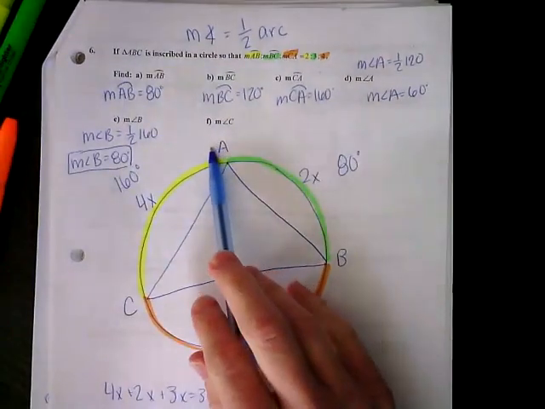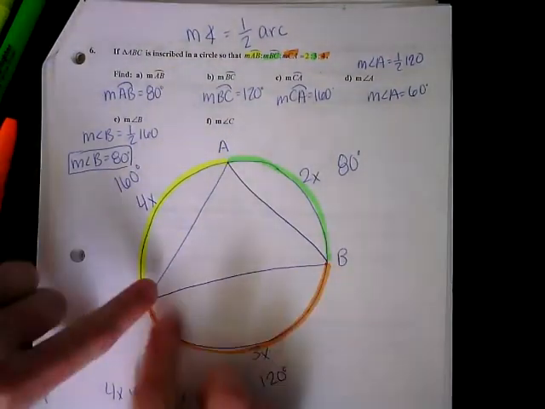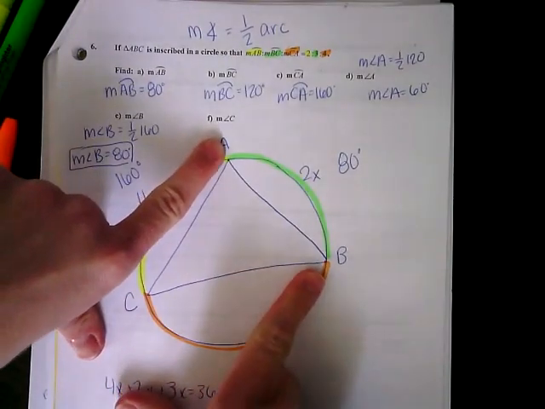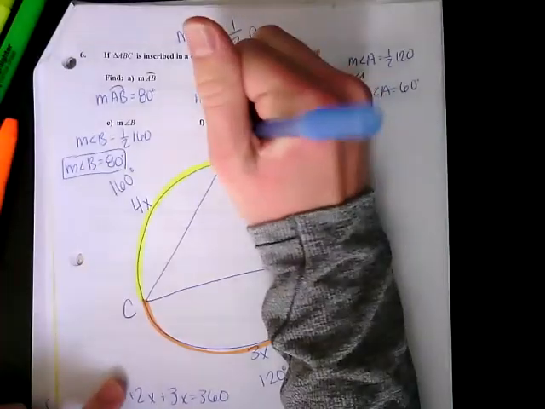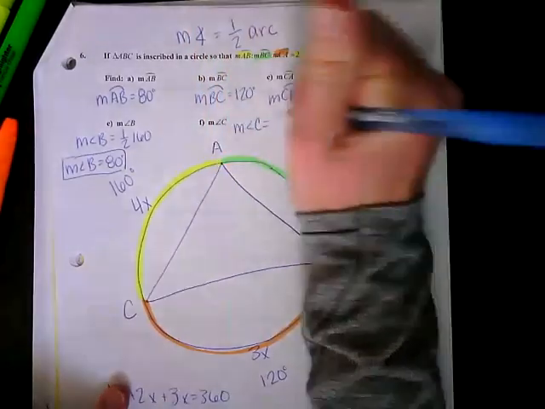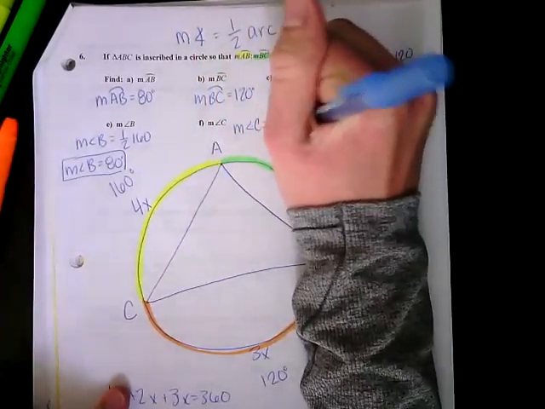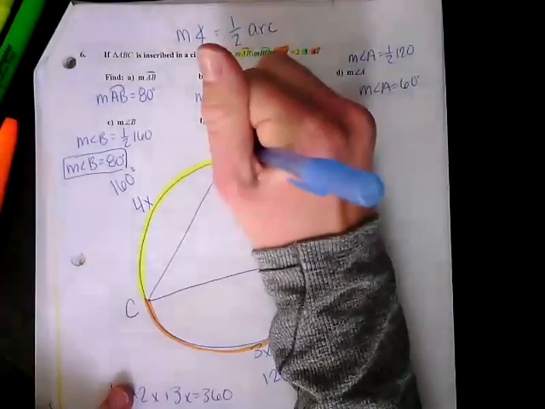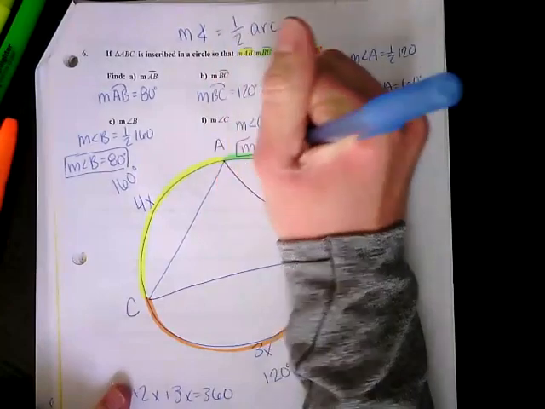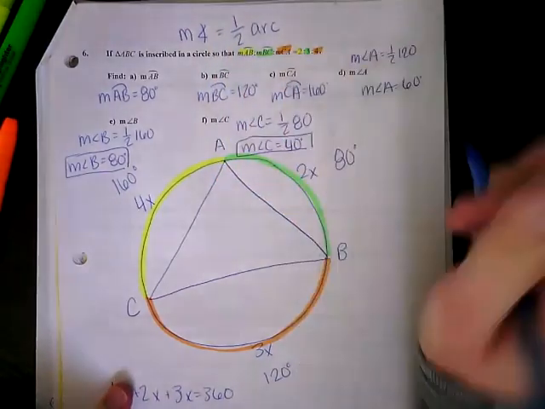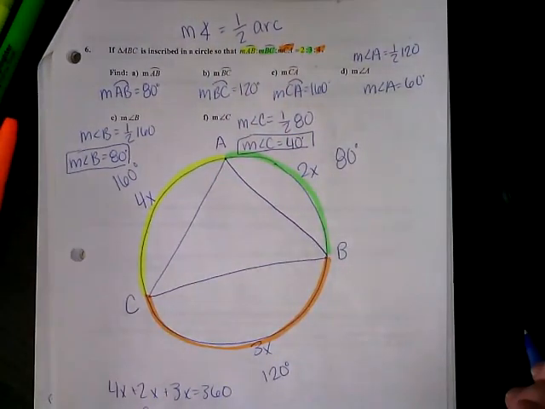And last but not least, the measure of angle C. Angle C intercepts arc AB, which is 80 degrees, so the measure of angle C is equal to half of 80, which is 40. Okay, so that is lesson 3.